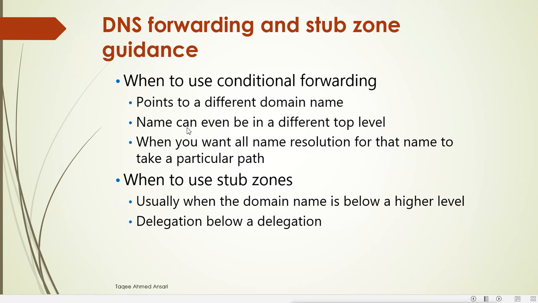The name can even be in a different top level, so even for a different top level DNS, we can create the forwarders. Also use it when you want all name resolution for a particular name, for example contoso.com, to take a particular path, a special path.